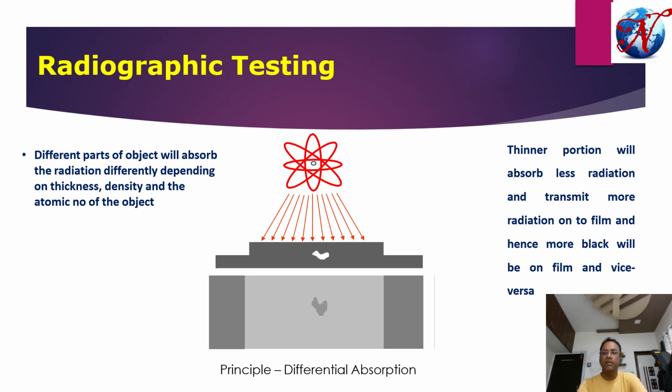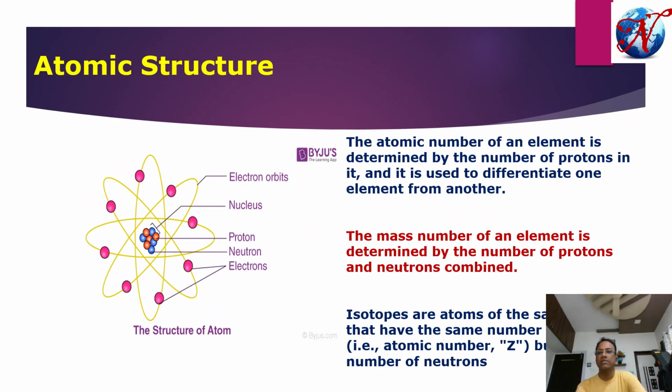So, in general, the basic principle of radiographic testing is differential absorption, where different parts of the object absorb different amounts of radiation, depending upon the thickness of the material, density, and atomic number. When the image is formed on the photographic film, it is a grayscale image, a black and white indication.